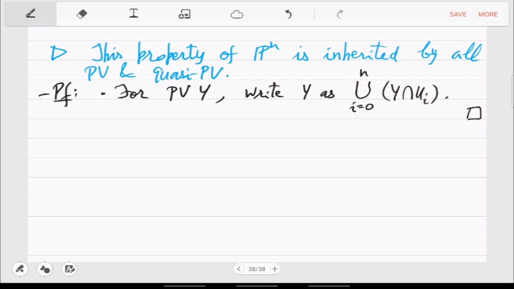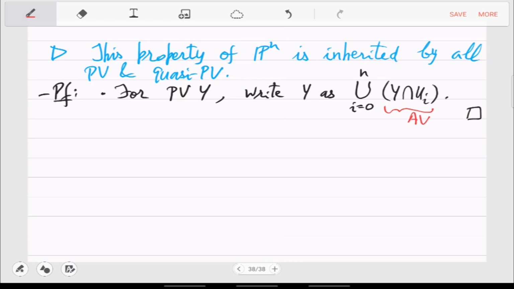Okay, in that big projective n space, you have these patches Ui's. So you just intersect your projective variety with that patch. You will get possibly a smaller patch, which is a subset of Y. And that's an affine variety.